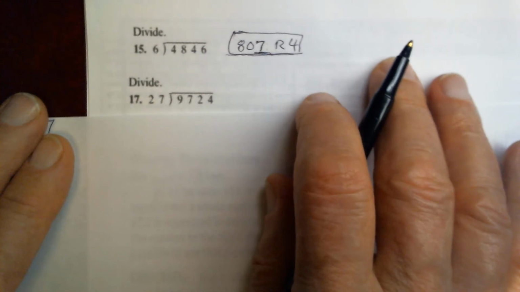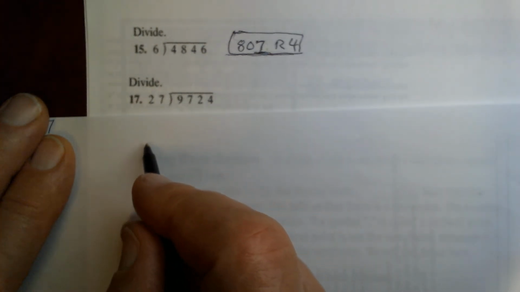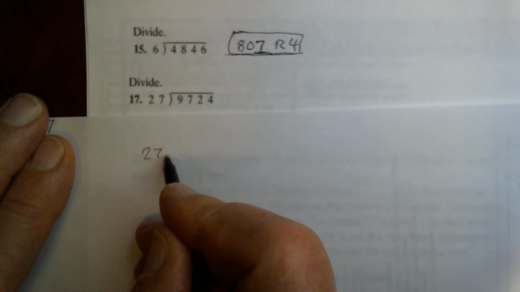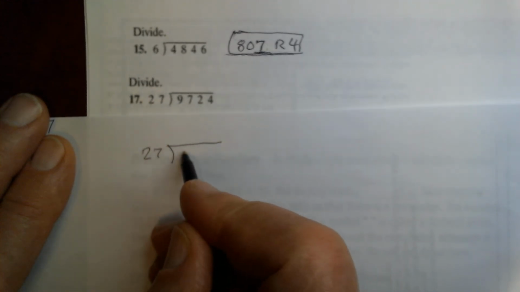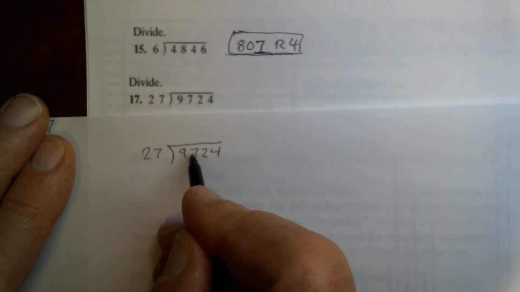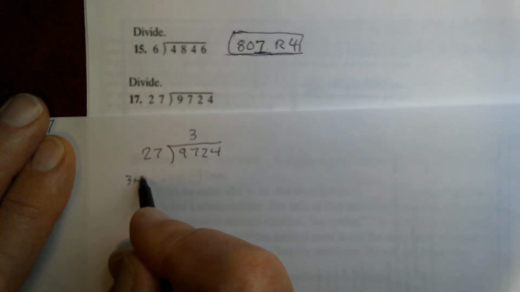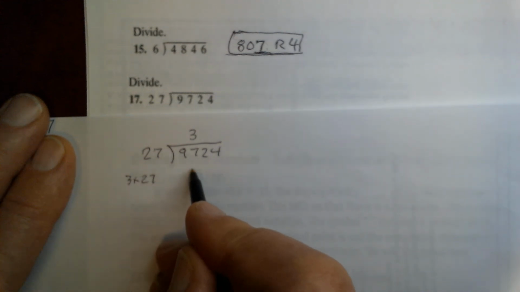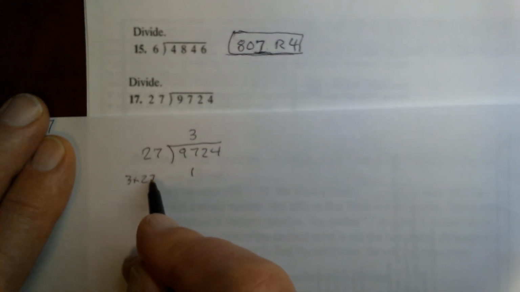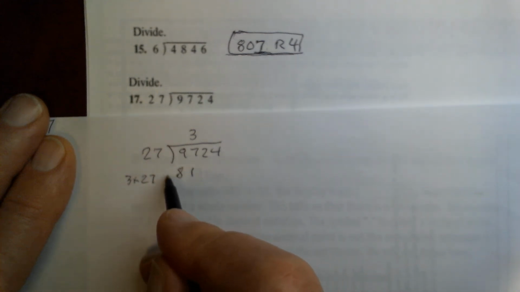So for number 17, we're dividing 27 into 9,724. So that's about 3 times. 3 times 27. 3 times 7 is 21, carry 2. 3 times 2 is 6, plus 2 is 8.